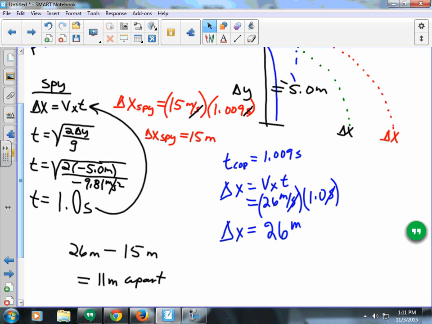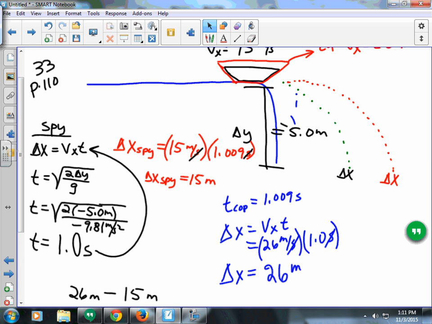Dustin had a comment that if it's falling 5 meters, and its initial speed is 0, and then it falls for 1 second, why is it not a half second? Why is it not less than 1 second? I'm kind of stumped on why that's there.